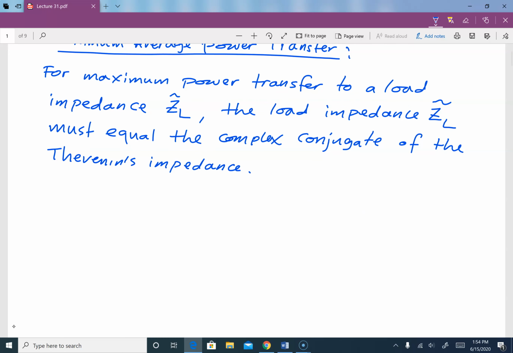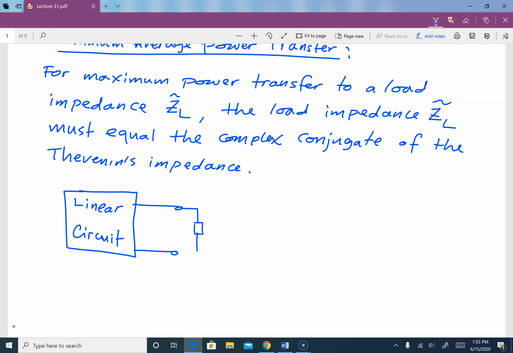What does that mean? It means that if we have a linear circuit with two terminals, and our ZL connected across the terminals, then we can find our V Thevenin and we can find our Z Thevenin.